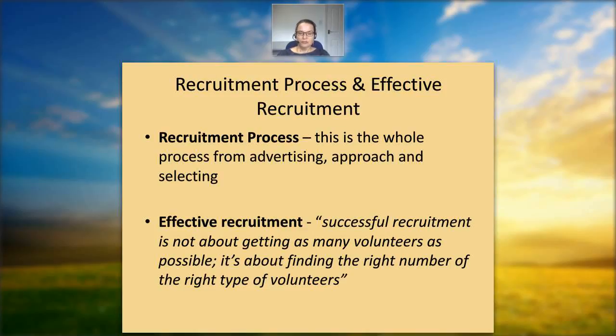And I would also suggest that effective recruitment plays a part in you finding yourself later on with volunteers that are committed to your organisation. If you've already done an effective recruitment and selection process, then it will lead to a good number of committed volunteers within your organisation.